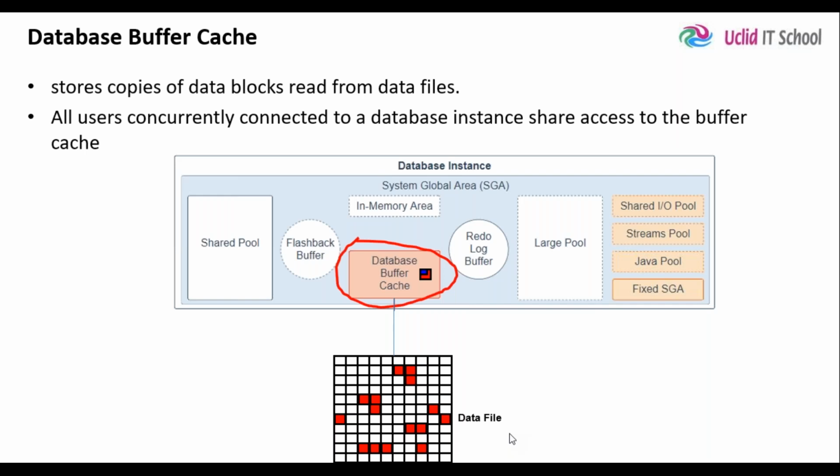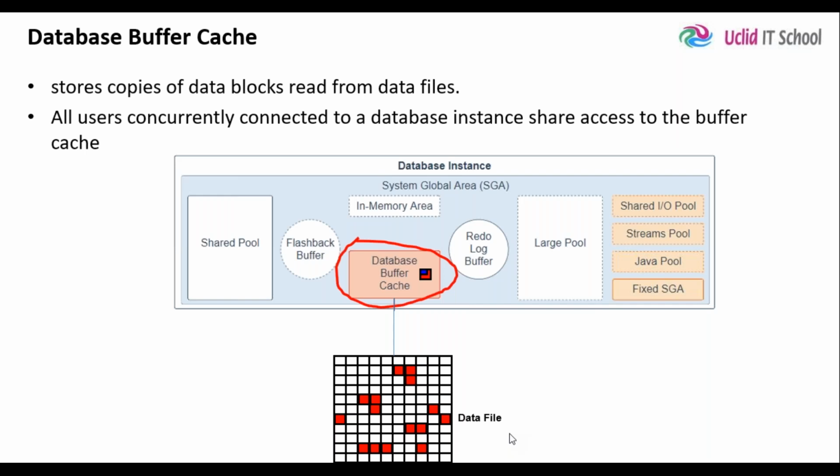They are stored inside the buffer cache and used multiple times. Suppose two users need the same block. Oracle doesn't read it from the database two times. The first time it will read and store it inside the buffer cache. If the second user needs the same block, it will use it from the buffer cache.